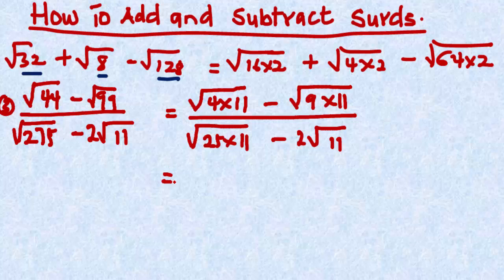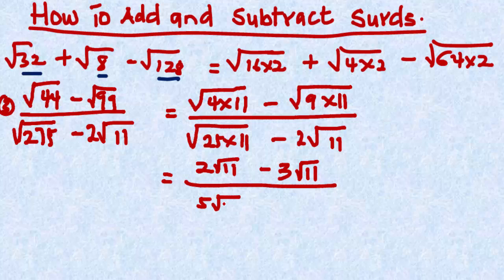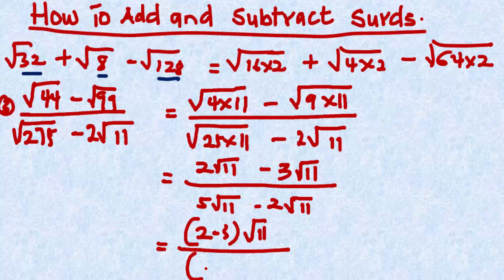So here we go. This gives us 2 root 11 minus 3 root 11 all over 5 root 11 minus 2 root 11. So we simplify it further. The numerator first, we have 2 minus 3 root 11, then the denominator we have 5 minus 2 root 11.